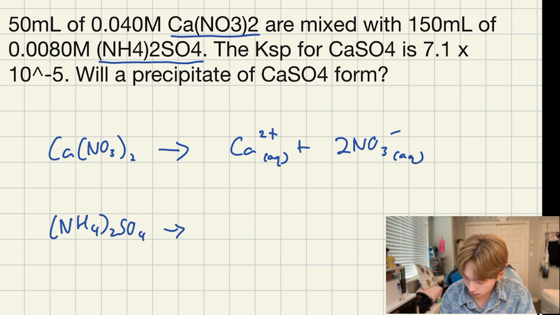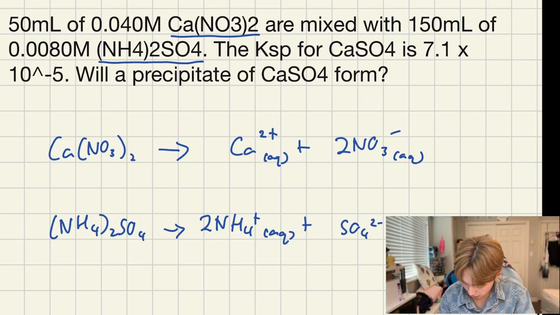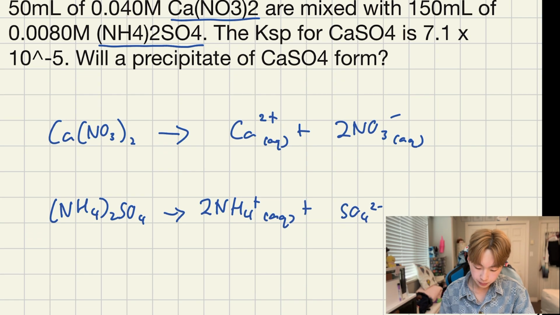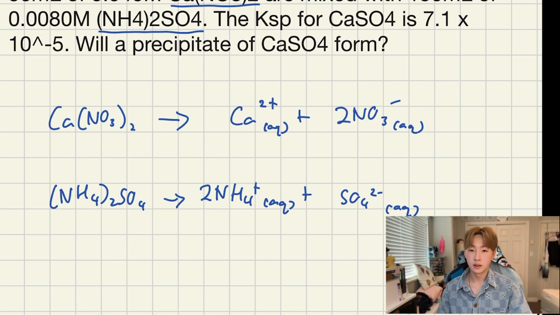It's going to dissolve into 2 NH4+ and SO4 2-. And now using basic stoichiometry, we can find our concentration of ions because we know these are one-way arrows.